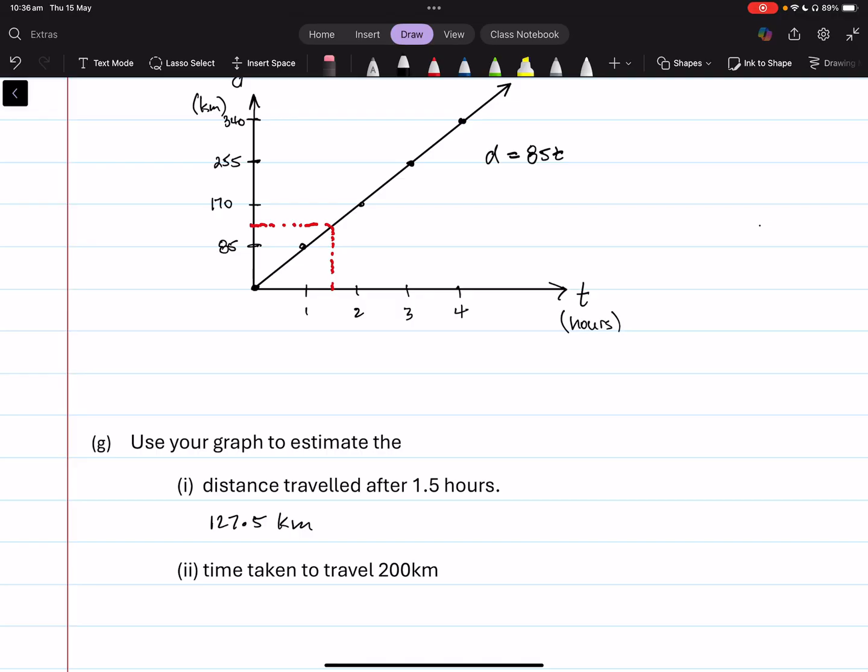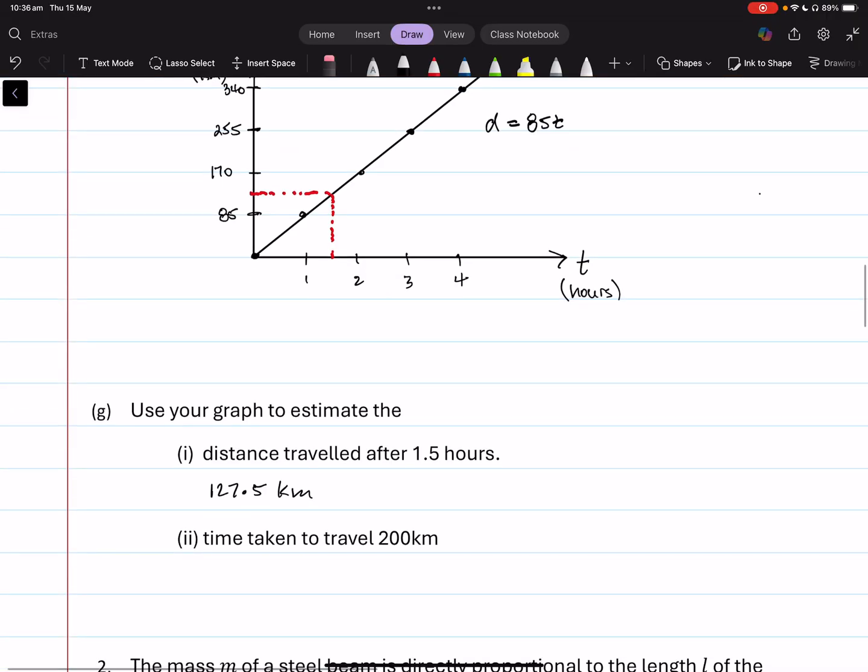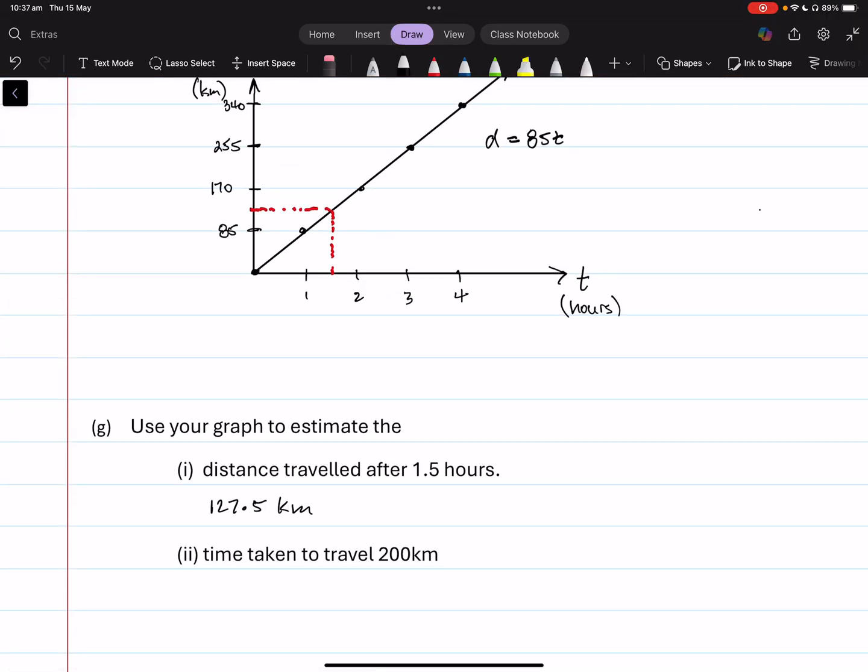Now, that happens to be the exact amount, but because it says use your graph to estimate, if you were off a little bit because your line didn't come out looking right in the middle there, and you said 125, 130, that's likely to be accepted. We'll see an example of that here, because with the next one, the time taken to travel 200 kilometers, I come back from 200 kilometers, and I've got to guess where 200 kilometers is on this.